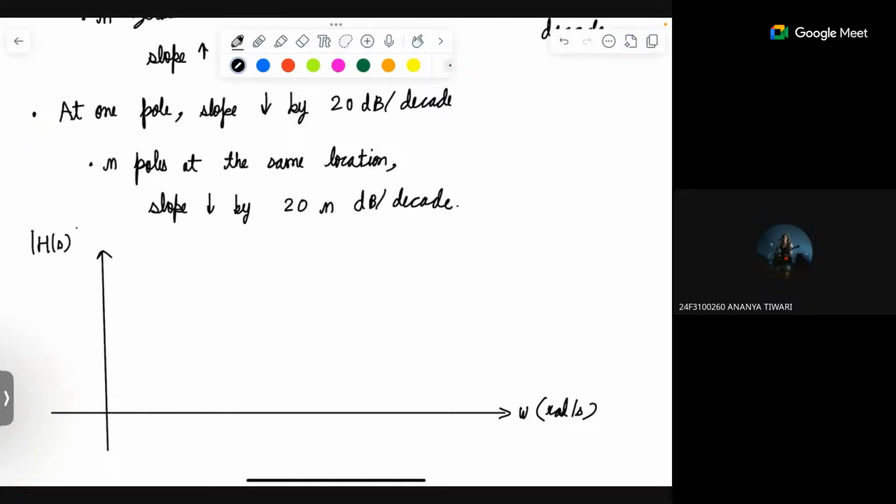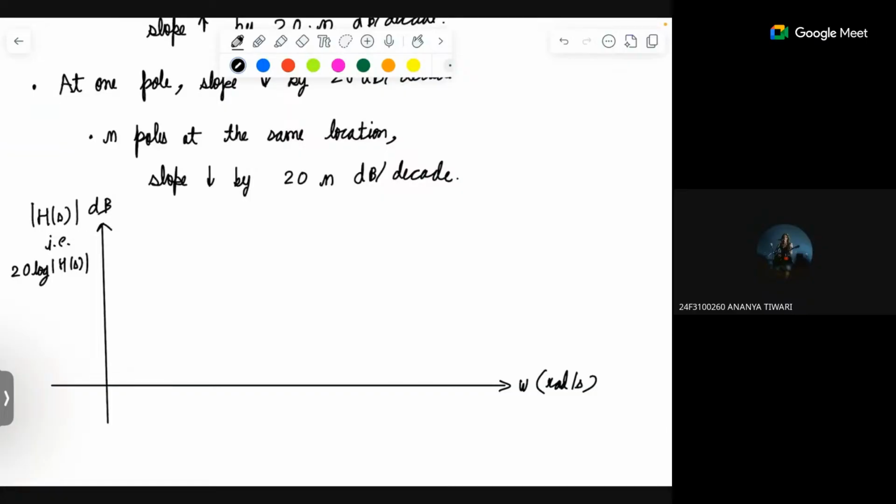So it is there in dB, that is 20 log mod of H of s. Is it clear what the quantities on the x and y axes are? Yes, ma'am. Suppose here I have 10 raised to the power of 0, then 10 raised to the power of 1, increasing by a factor of 10.